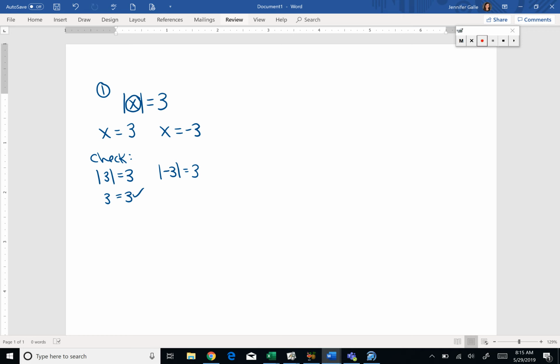Absolute value of negative 3, again, is just 3. Negative 3 is also 3 spaces from 0. It's 3 away from 0. It's a distance. So this first one I wanted to start as basic as we possibly could, just as a reminder that we do have 2 solutions.